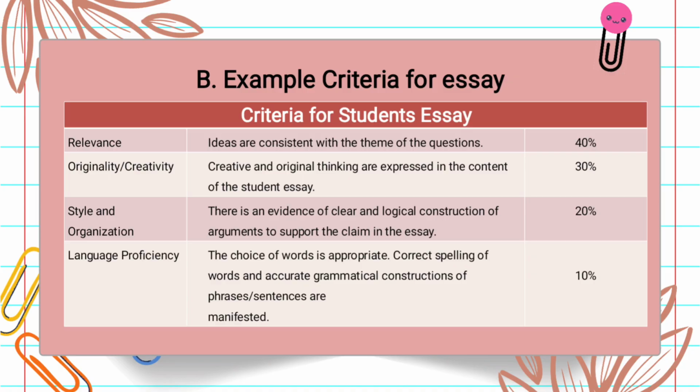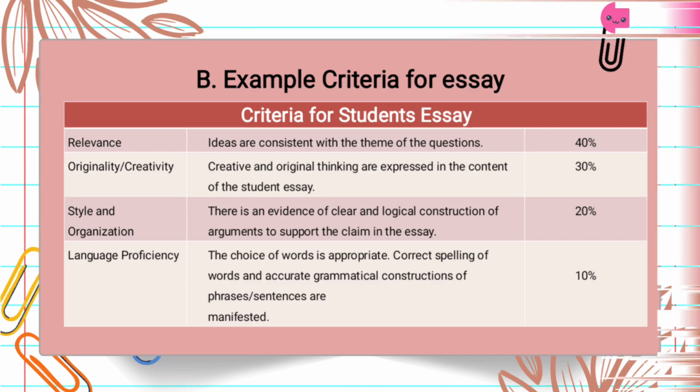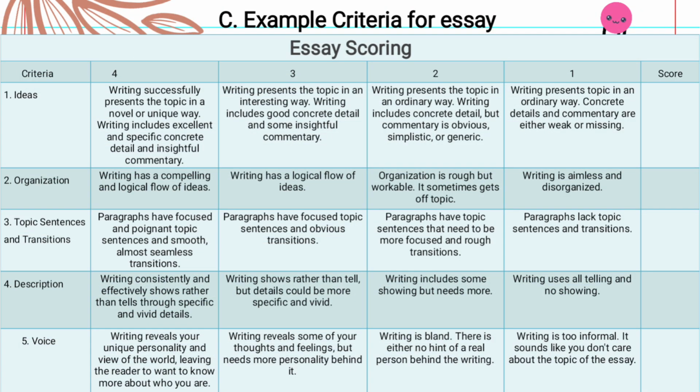The criteria is presented in a tabular format. We have another form of criteria, still in a tabular format, but this is called a 4-point score because the highest score on a specific criterion is 4 and the lowest score is 1.